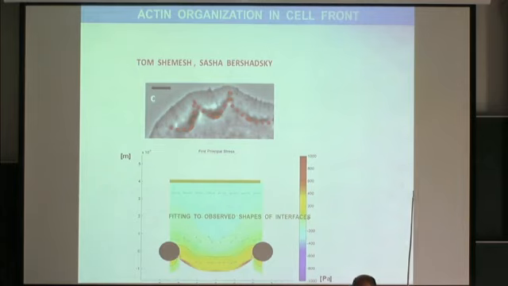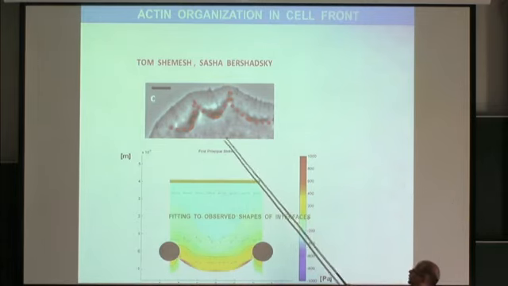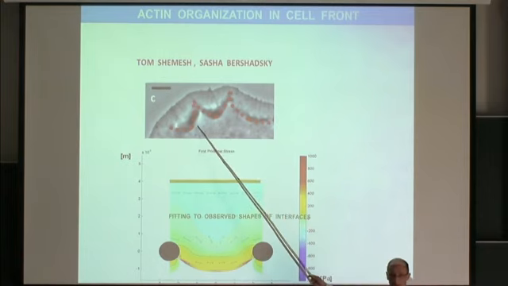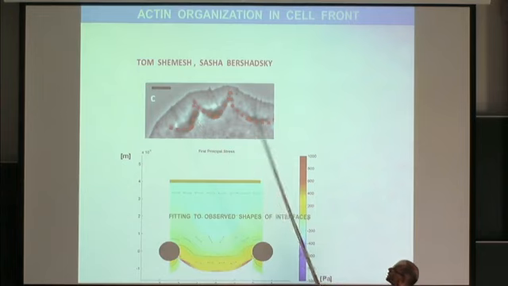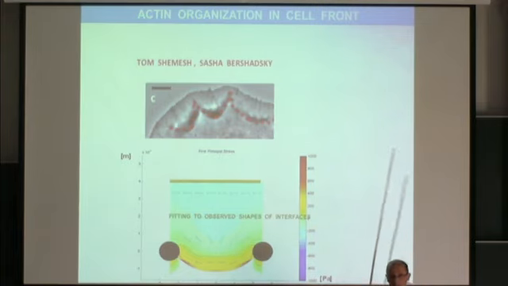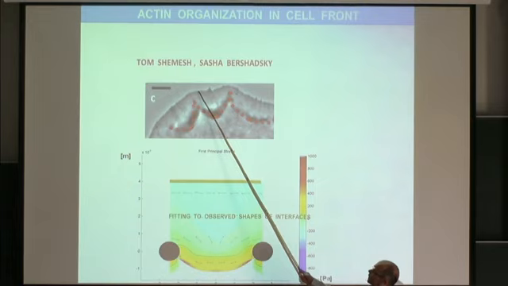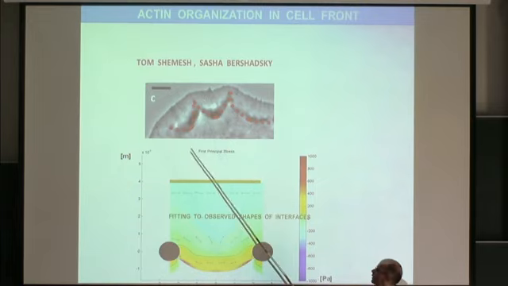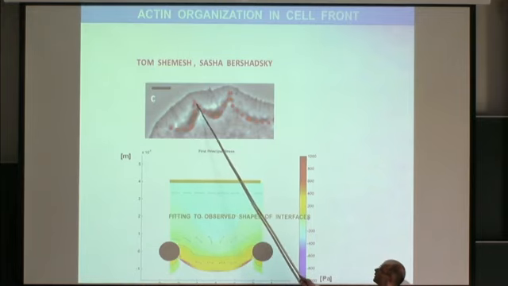And what we did in terms of the influence of the membrane on the cytoskeleton, we did with Tom Shemish and Sasha Bershatsky a couple of years ago: an analysis of actin organization in the lamellipodia at the front of a moving cell as a result of interaction with the membrane. There were some interesting effects we were able to describe.